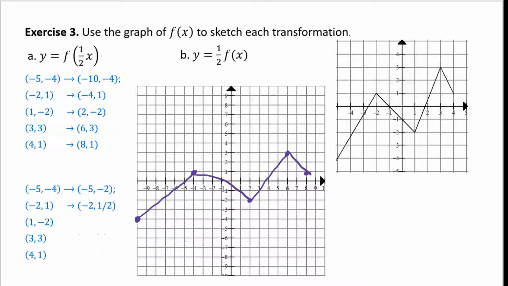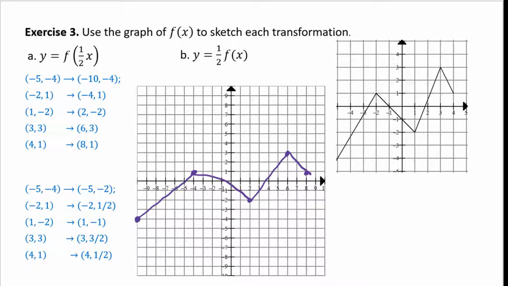The ordered pair 1, -2 transforms to the ordered pair 1, -2 multiplied by 1/2 is -1. The ordered pair 3, 3 becomes 3, 3/2. And finally, the ordered pair 4, 1 becomes 4, 1/2.